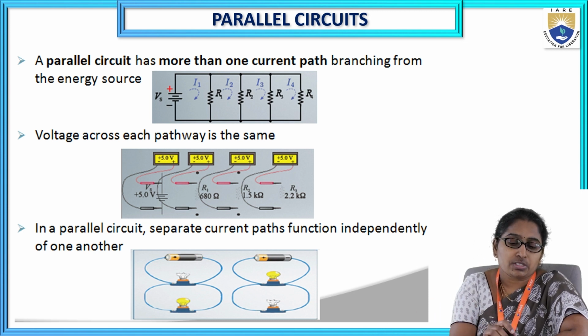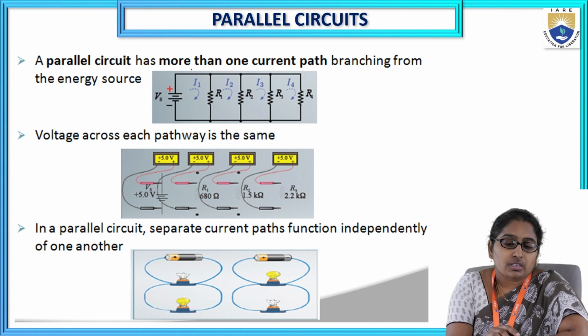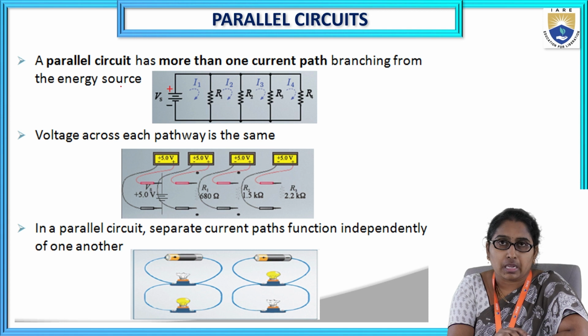That is why it is said to have more than one current path branching from the energy source, meaning each branch carries a fraction of the total current coming from the supply.